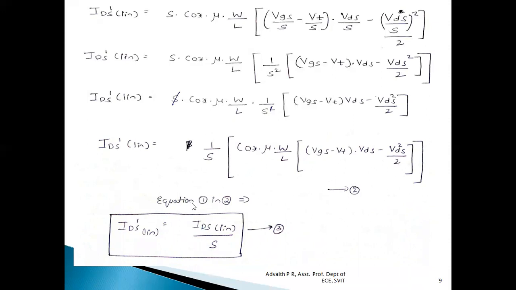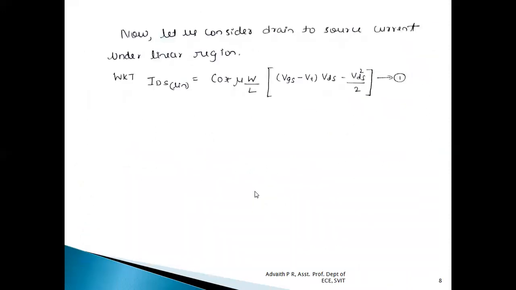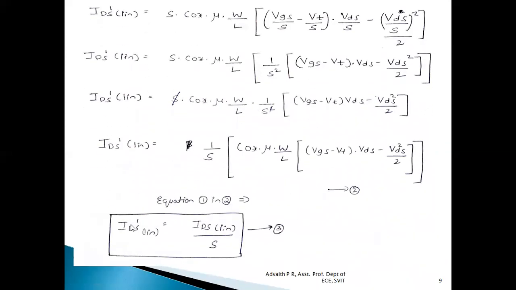Now, if we apply equation number 1 in equation number 2, this is equation number 1. If I apply this equation number 1 in equation number 2, I'll be getting IDS dash linear is equal to IDS linear divided by S. That is, the scaled drain to source current in linear region is equal to IDS in linear region divided by scaling factor.